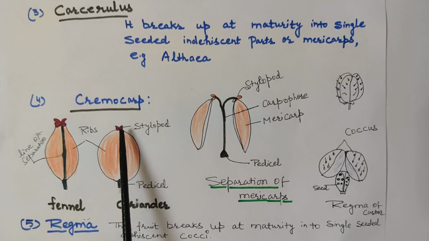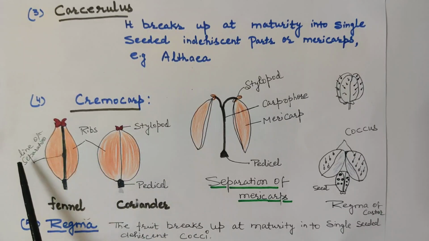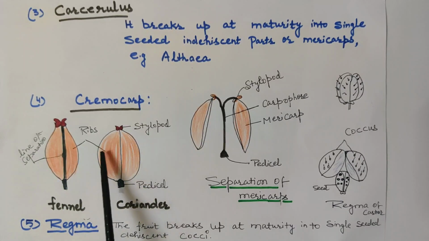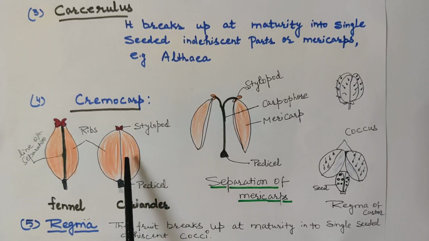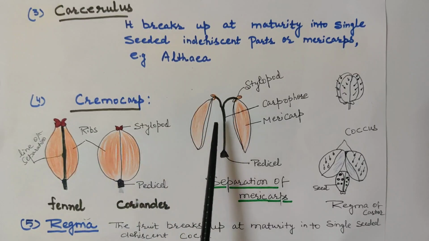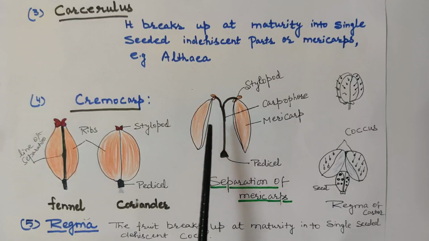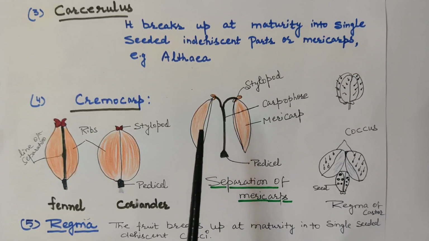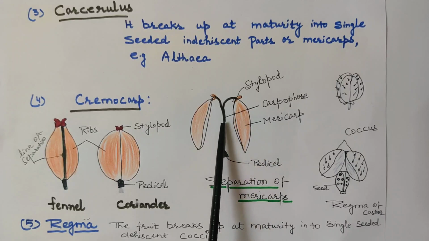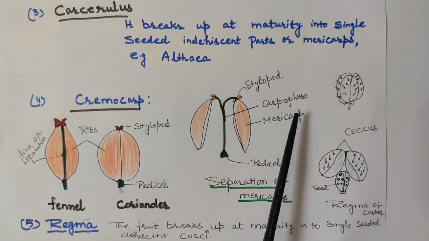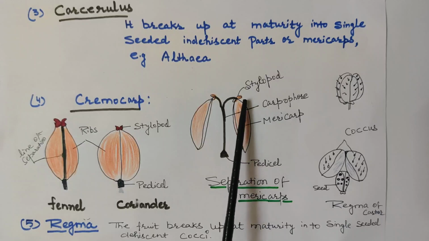At the tip you can see this structure, it is stylopod, and the middle line is showing the line of separation, and these are the ribs. When this fruit matures to release its seeds, what happens? The main fruit splits into indehiscent parts which are called mericarp. These two structures are mericarp, and the middle axis is carpophore, and this part is called stylopod.